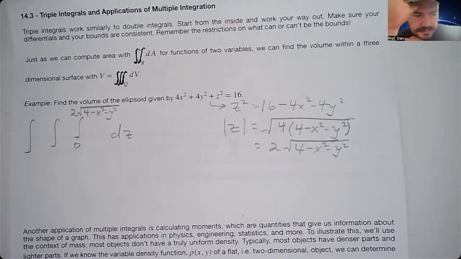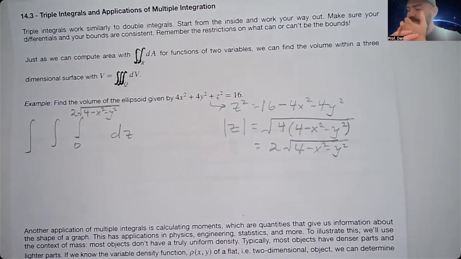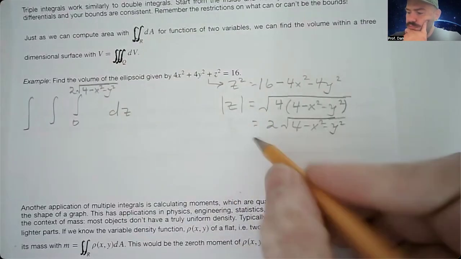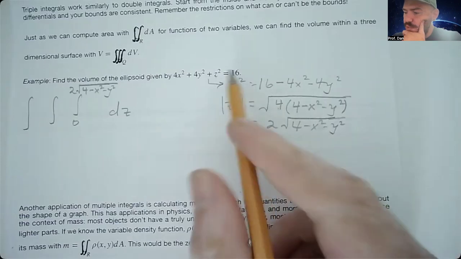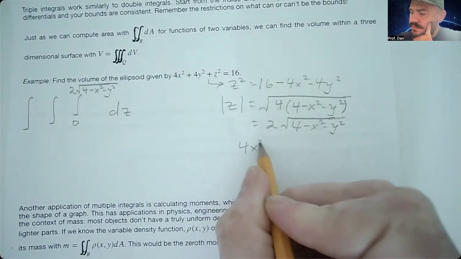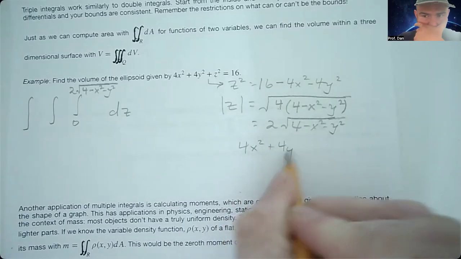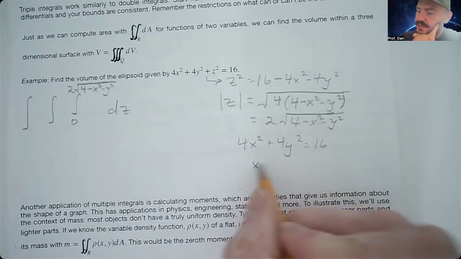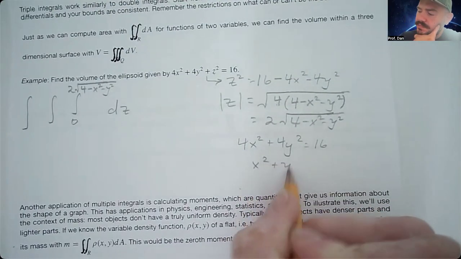With that said, if I were to look just at what's left when I take out this z part, I can divide every term by 4.